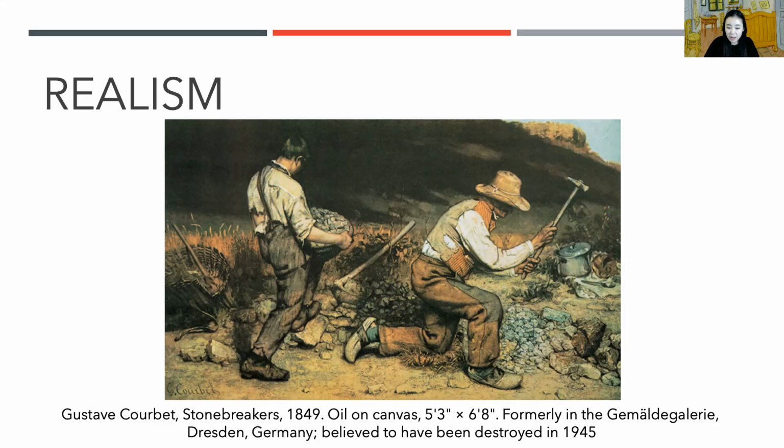This painting, The Stonebreakers, was shocking for its depiction of working-class people on a large canvas, a size normally reserved for the heroic subject matter of historic paintings. Courbet's painting highlights the backbreaking, monotonous work of the poor.